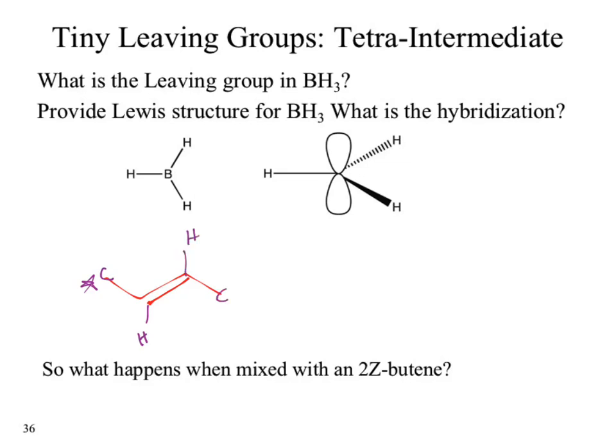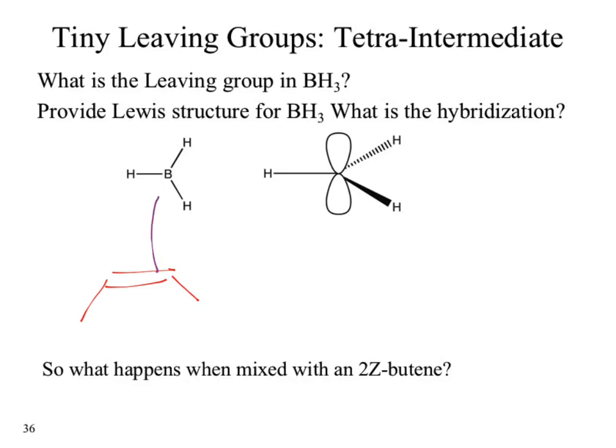Carbon versus hydrogen, star the carbon. Whoops. Those are on opposite sides. They need to be on the same side because Z means on the same side. So we aren't there yet. We have to redraw that to make sure that we've appropriately shown that structure. Now that we have our starting material, now we can react it.